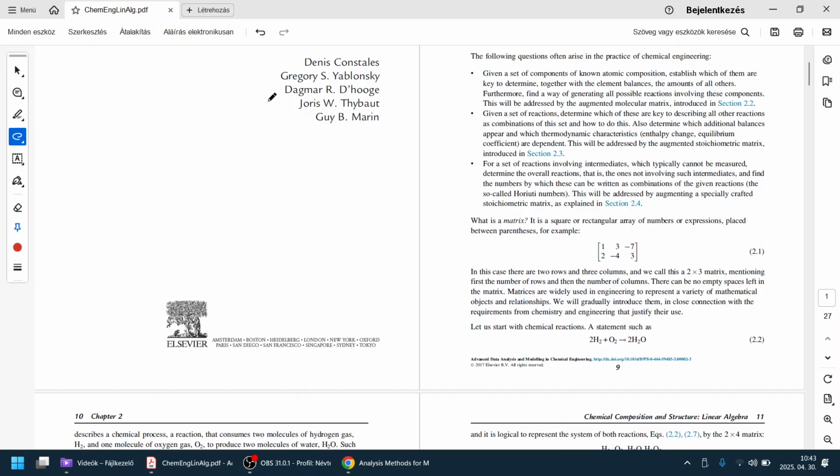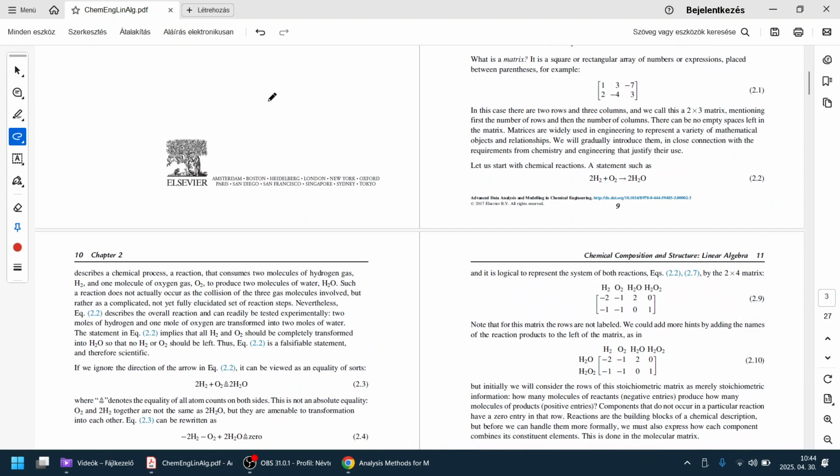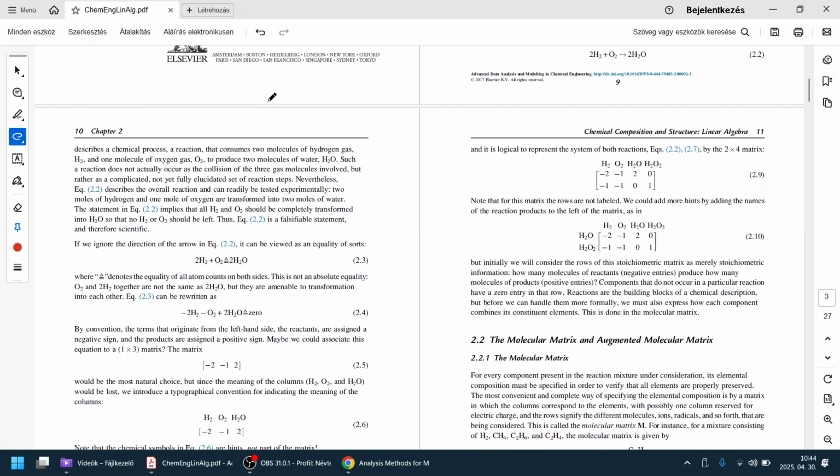We have a reaction equation: two hydrogen molecules and one oxygen molecule form two water molecules. That's fine. Then you can write this reaction in this form.